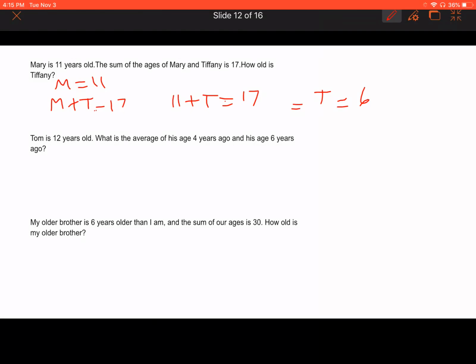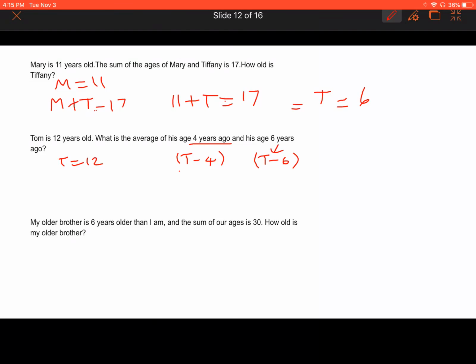Next, Tom is 12 years old. What is the average of his ages 4 years ago and 6 years ago? 4 years ago means Tom's age now minus 4. That gives Tom's age 4 years before. 6 years ago, it is T minus 6.